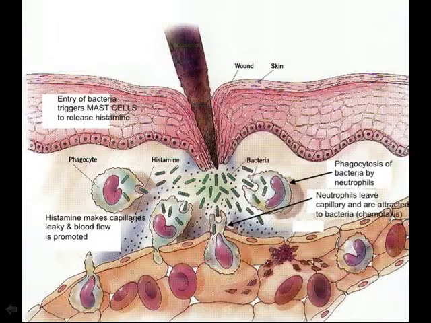So it becomes easier for neutrophils to leave the blood supply and become attracted to the bacteria by the chemical messages given off by the bacteria, a process called chemotaxis. Once the neutrophils reach the bacteria, they engulf them and then destroy them, a process called phagocytosis.